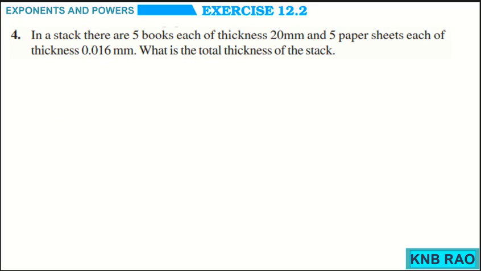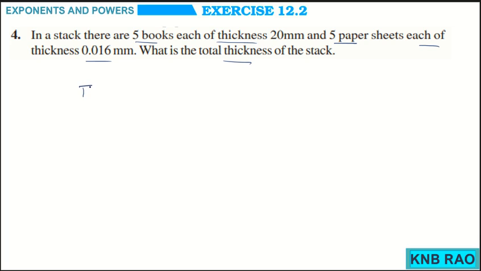So coming to the question number 4. In the question number 4, in a stack there are 5 books, each of thickness 20 mm, and 5 paper sheets, each of thickness 0.016 mm. What is the total thickness? See children, when you are solving this question, in a stack there are 5 books, each of thickness 20 mm.